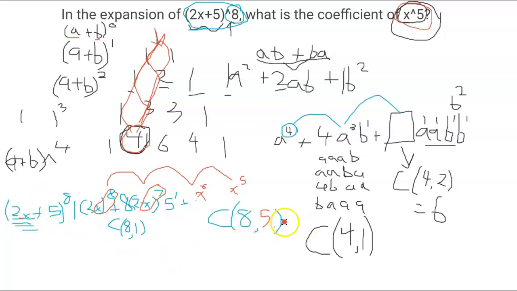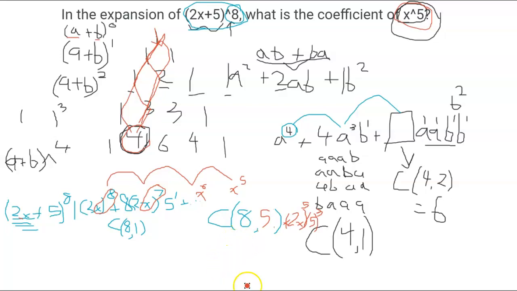So that's C8, 5 times the 2x to the 5 powers. Sorry about running into the other part. And then there's the 5 to the remaining powers, right? We have 8 total powers, so we have 5 to the third. So combination 8, 5, you punch into your calculator, you get the number, right?